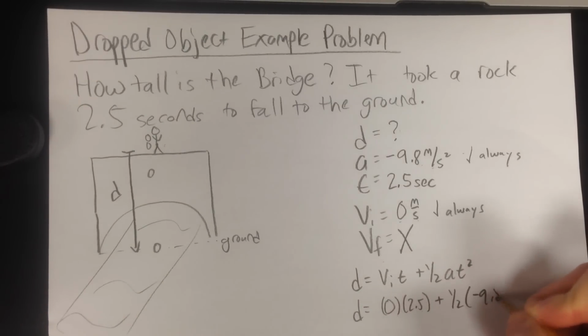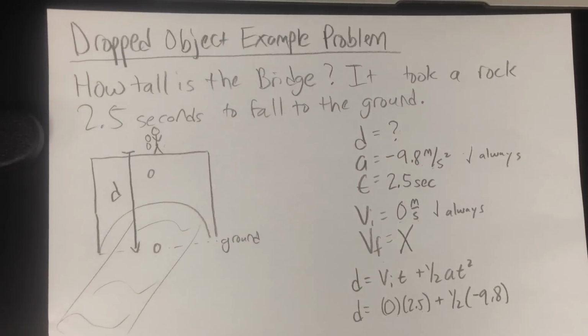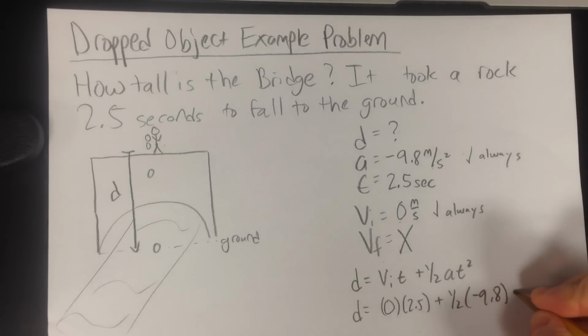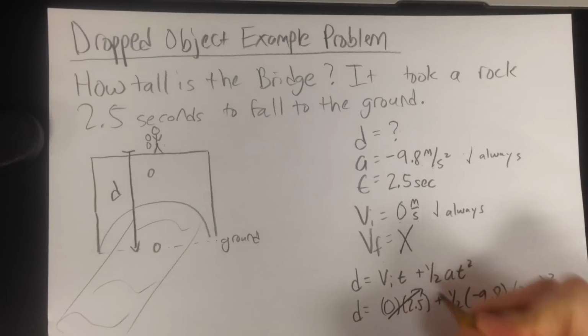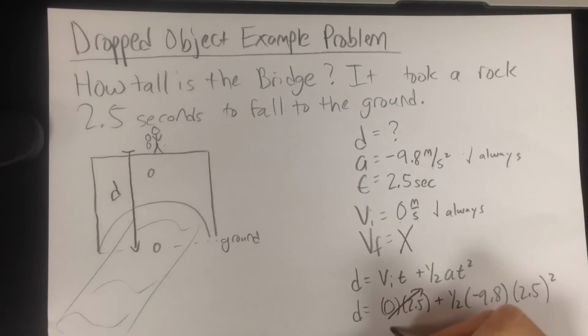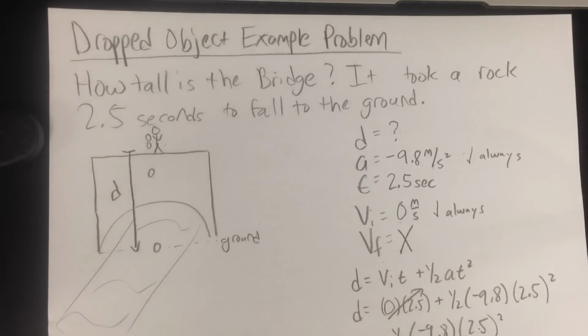A half of negative 9.8 for all the dropped objects. That's its negative acceleration. And it takes it 2.5 seconds again to go to the ground. We'll square that 2.5. So this term's gone. Half of negative 9.8 will stay, times 2.5 squared.